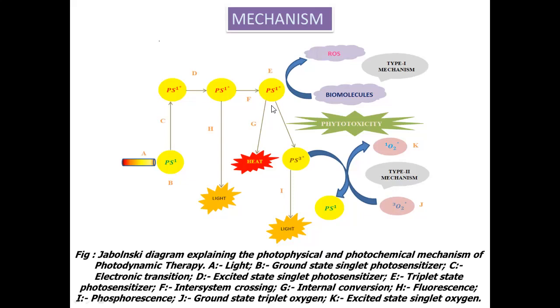In this way, the ground state oxygen molecule is elevated to the first excited state, which we call singlet oxygen. So singlet oxygen reacts rapidly with the electrophile molecules and transfers energy to the oxygen, thereby bringing the photosensitizer to its fundamental state. And this cycle repeats for a certain period of time.